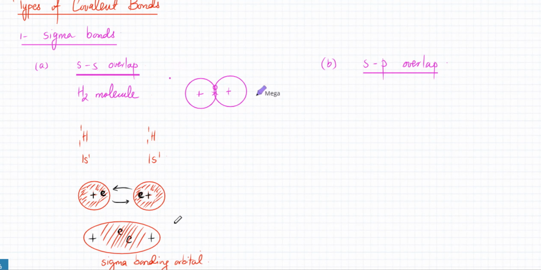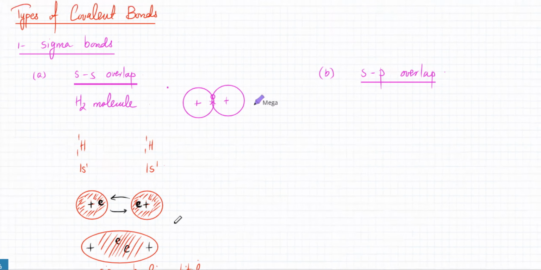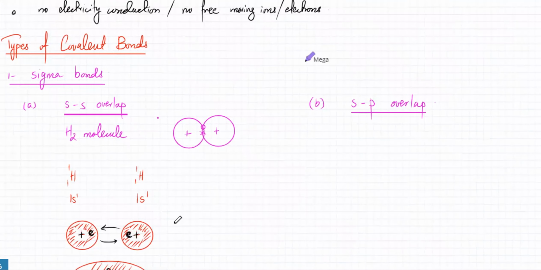And also remember that normal covalent bonds, normal sigma bonds, are normally formed by the merging of two half-filled orbitals.